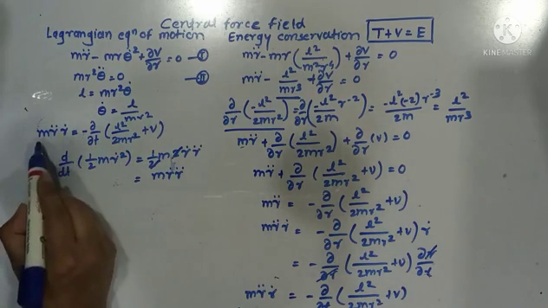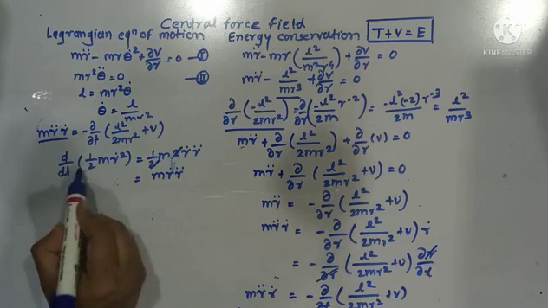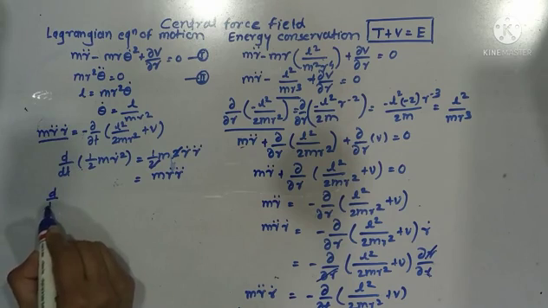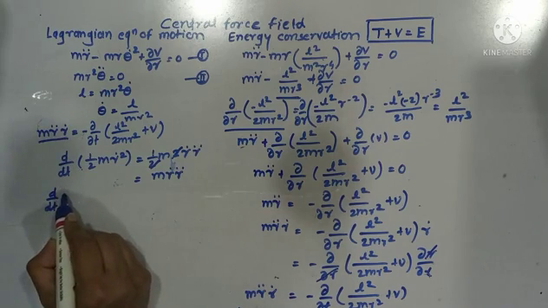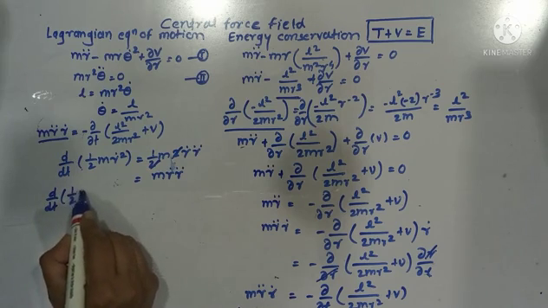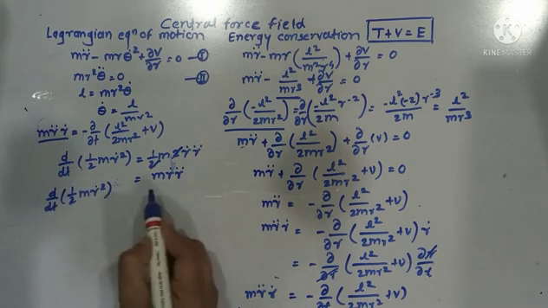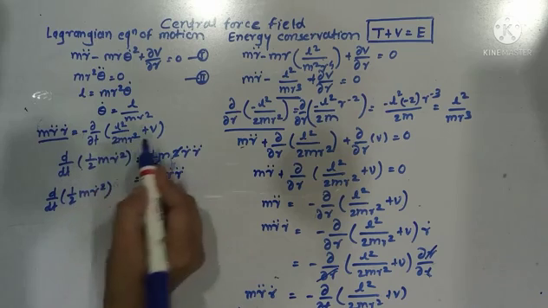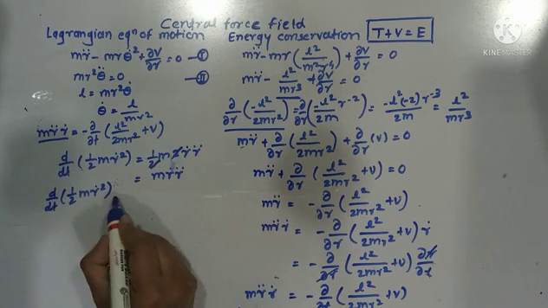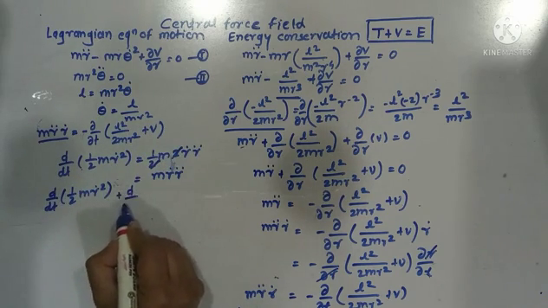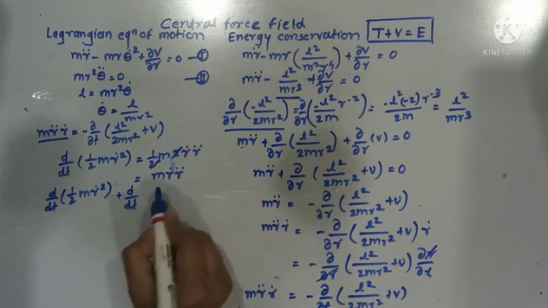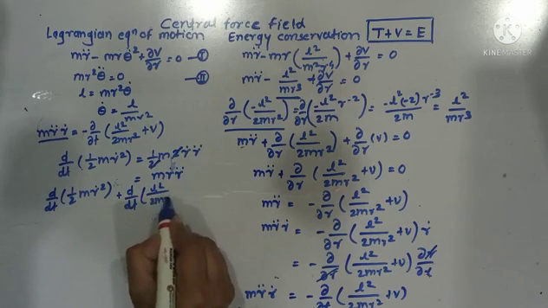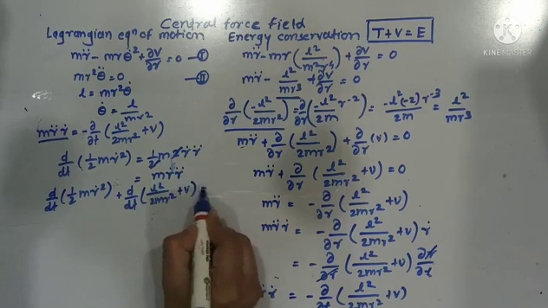So I can replace this term on the left hand side by this equation, and I can write d by dt of 1 half m r dot square, taking this right hand side term also on the left hand side, and changing this dou by dou t to d by dt, of L square upon 2m r square plus V is equal to 0.